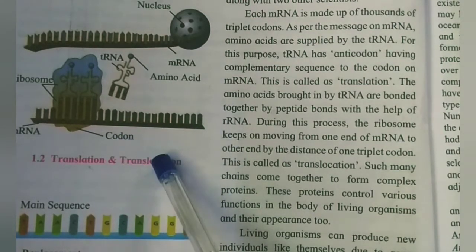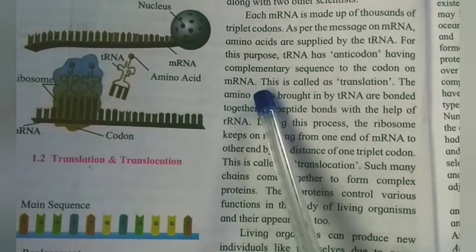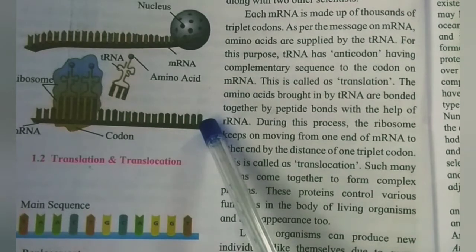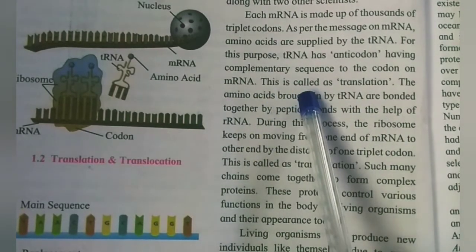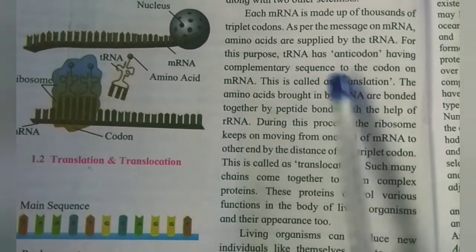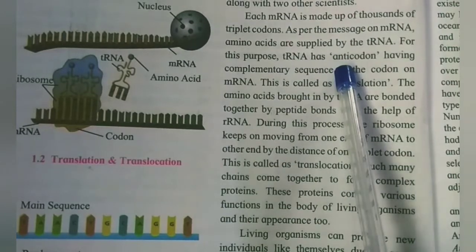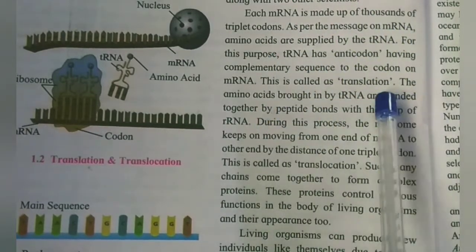Then DNA produces the amino acid and transfers it through tRNA, and tRNA has the opposite code of the mRNA. This is called translation. tRNA has the anticodon and mRNA has the codon, the coded message for the amino acid.